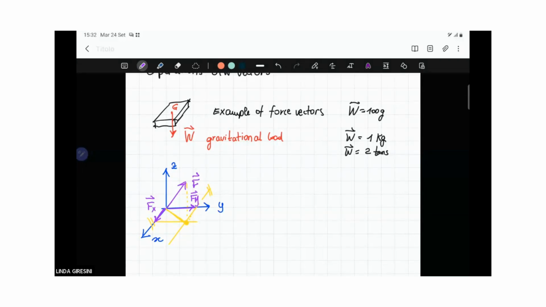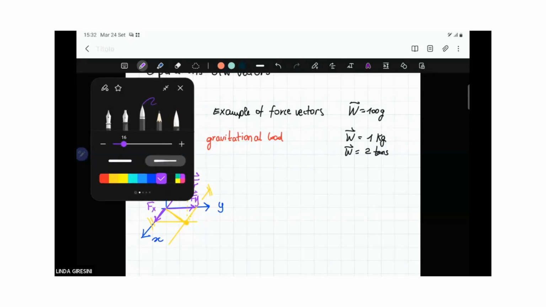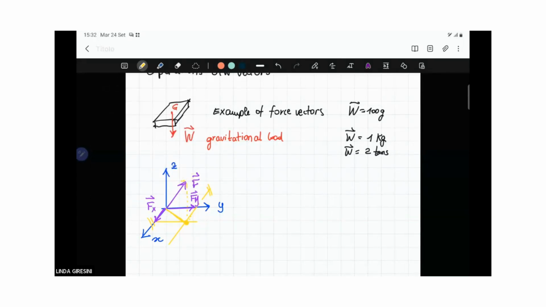And finally, the vertical component. The vertical component is perpendicular to the vertical axis. So we take again this projection and we'll have this vertical vector. So these are 3 vectors.